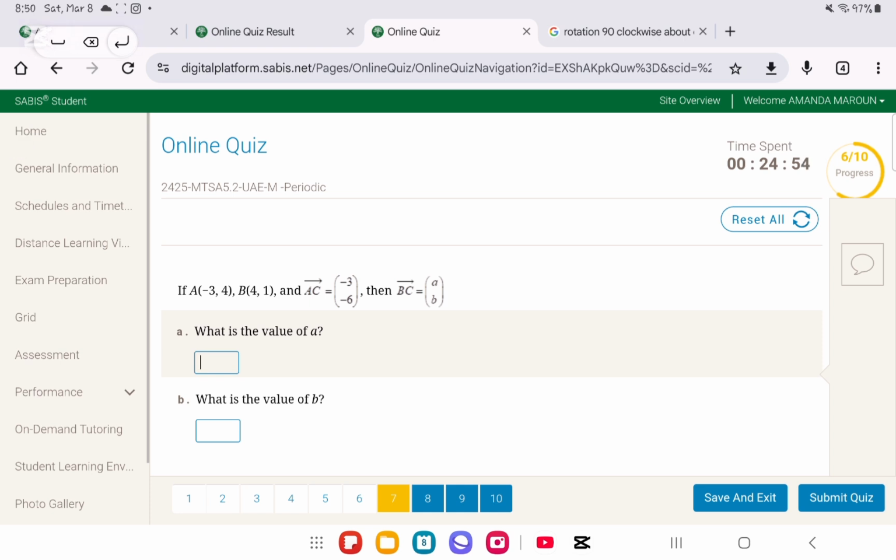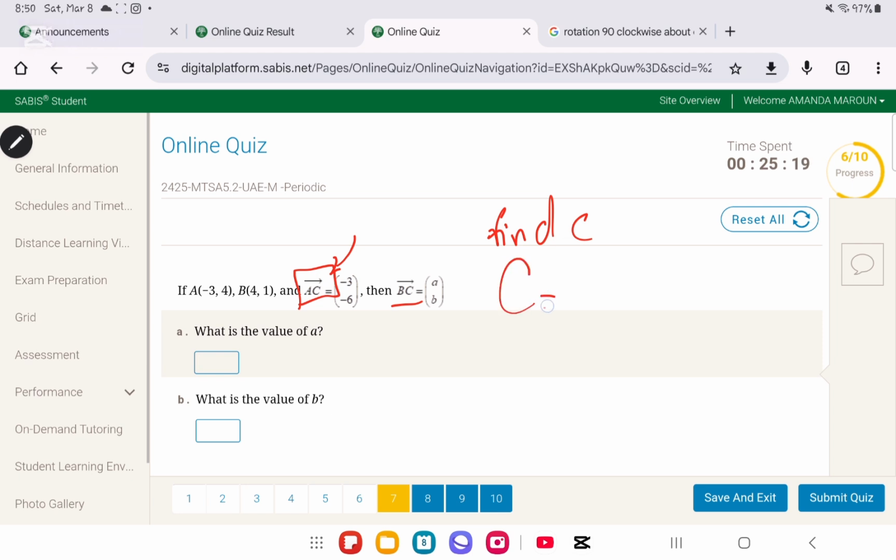They said if A is (-3, 4), B is (4, 1), and AC is (-3, -6), then what is the value of BC? Very simply, first thing we're going to do is find C. Why? Because if you find C, you will be able to find BC. How do we find C? Based on AC, we know that C is the terminal point.